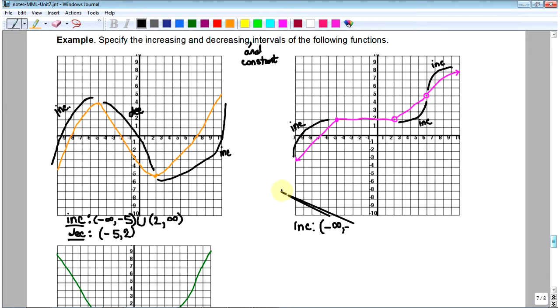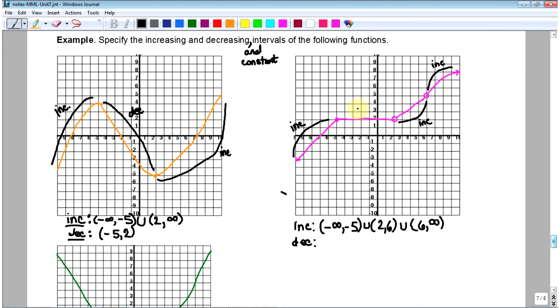We leave that point out, since we don't talk about increasing at a certain point, so we'll have our -5 with a parenthesis, union, and it's increasing again when I get to an x value of 2 until I get to an x value of 6. We leave that out because we have an open circle, so the graph doesn't exist there. And as soon as I go to the right of 6, it continues to increase, so 6 to infinity.